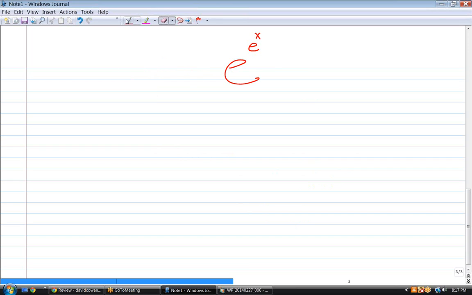Well, the way we differentiate this is by taking the natural log of both sides. So if I take the natural log of that side and the natural log of that side, now I can write this right side a little bit differently, and I can also implicitly differentiate.